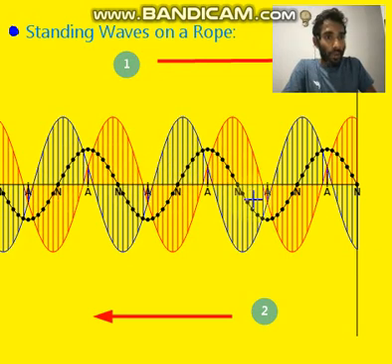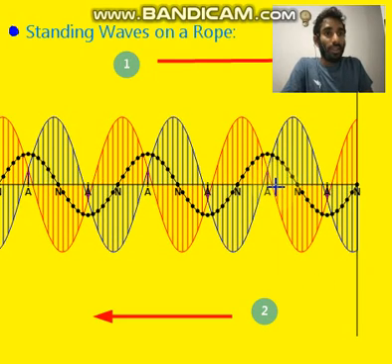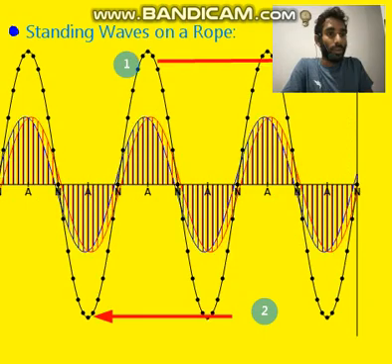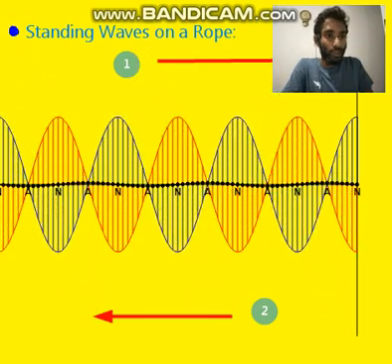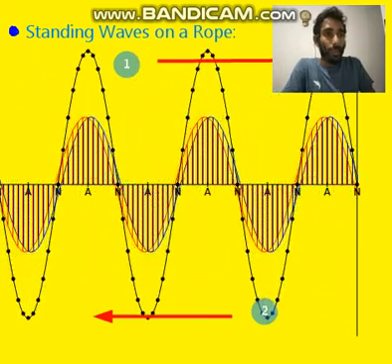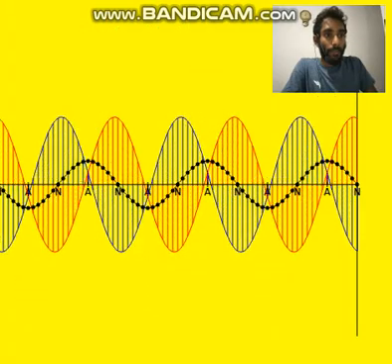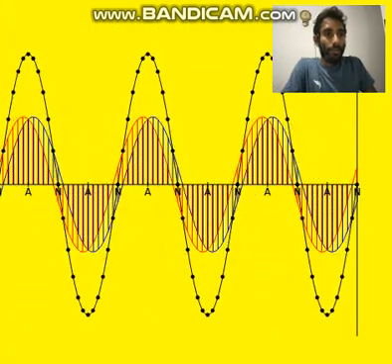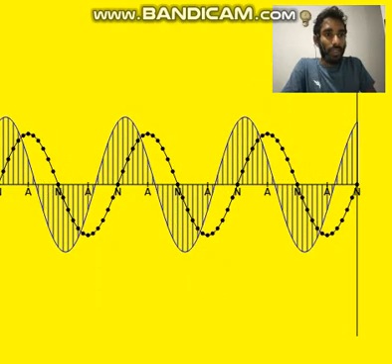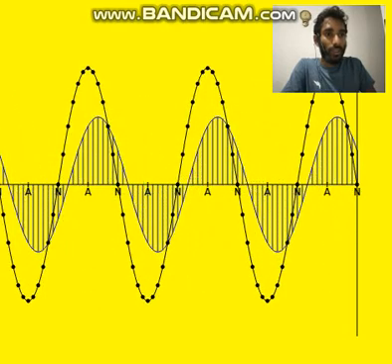So now we can remove these two wave functions, incident and reflected, to check how the actual wave will move. Let this wave move again. Now you can see the incident wave is being removed, and then the reflected wave is being removed.